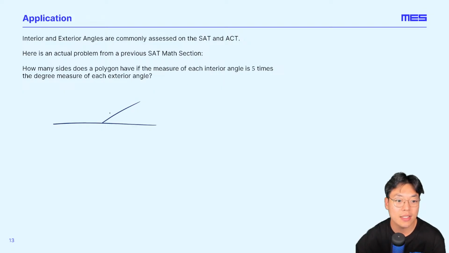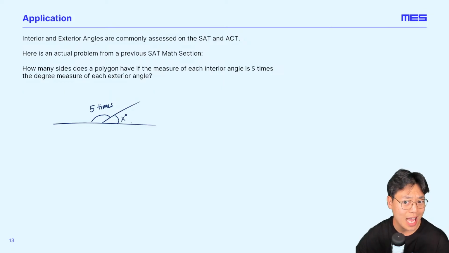Now they're telling us the measure of the interior angle is 5 times the measure of the exterior angle. Let's call it x. So if our exterior angle is x, what should we call our interior angle, knowing that our interior angle is 5 times that of the exterior angle?